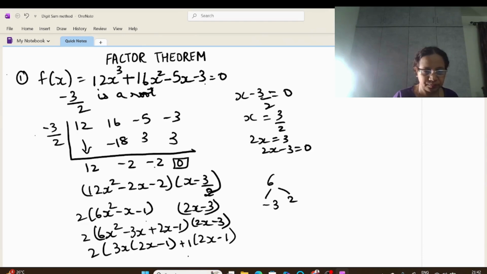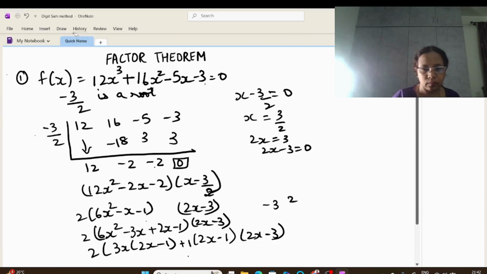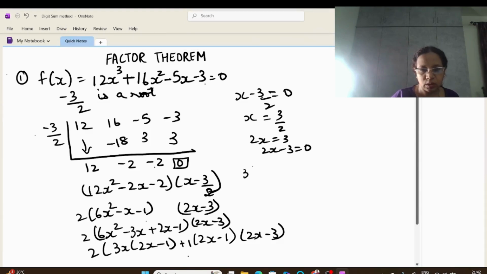Sorry, plus 1. And 2x minus 3 is already there. So you can put it as 3x plus 1, 2x minus 1 and 2x minus 3.